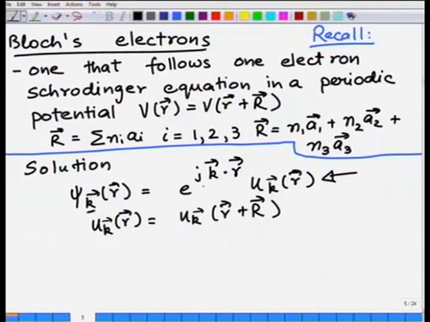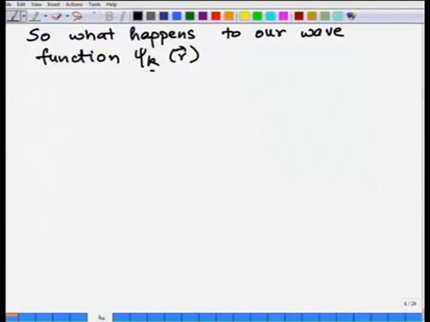There are many k values, and any k value will satisfy this Schrodinger equation. The real solution will therefore be a summation of all those k values, and hence I am putting an index k for a k value. So with that, let us write this solution. What will happen to phi_k at r plus R? That is the question we are asking.